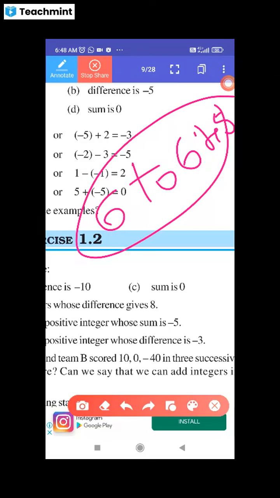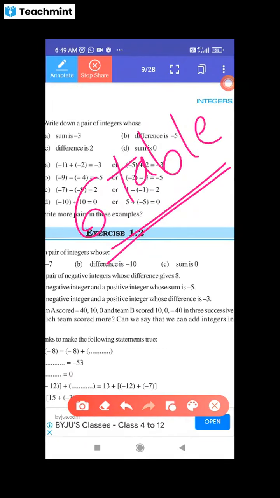Then tomorrow, six table. When I join my duty, at that moment I have to change my timings. At that time you have to support me, because at 6:30 in the morning I have to go to the office.